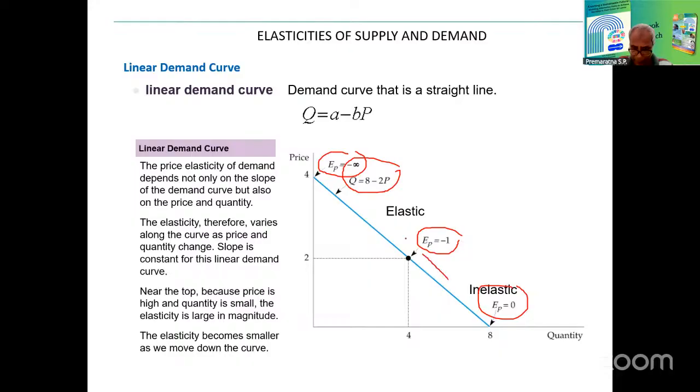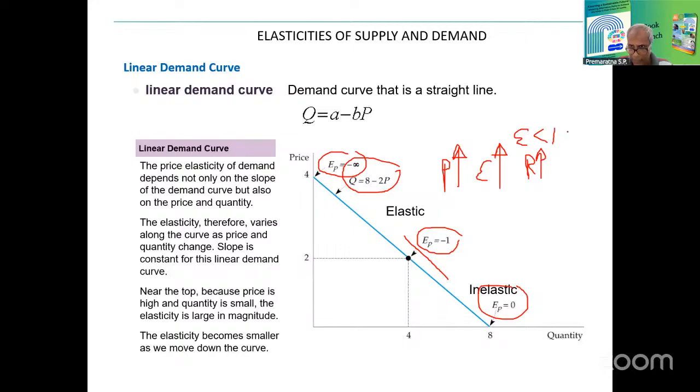When the price increases, in the case of a linear demand curve, the elasticity also increases. If it is the inelastic range, which means the price elasticity is less than 1, then if the price increases, your revenue also increases.